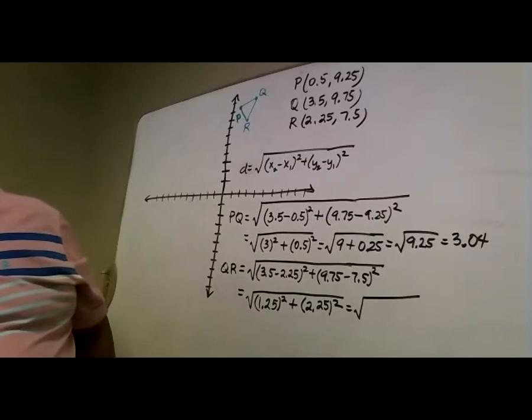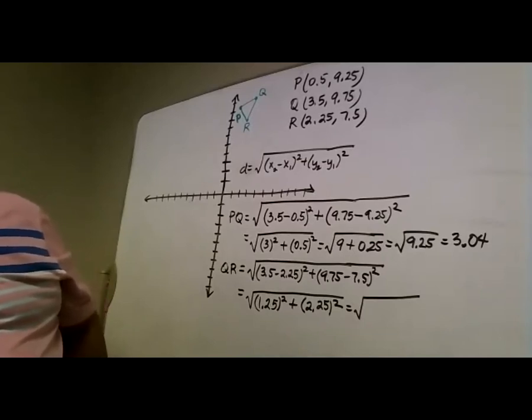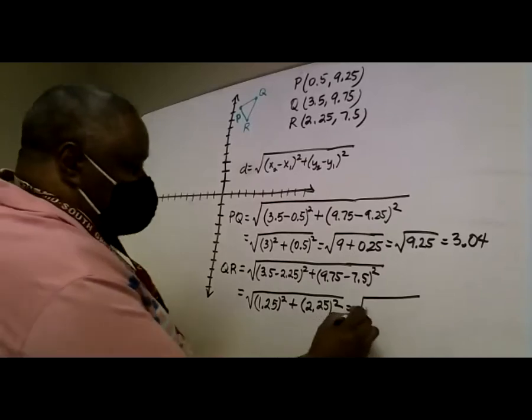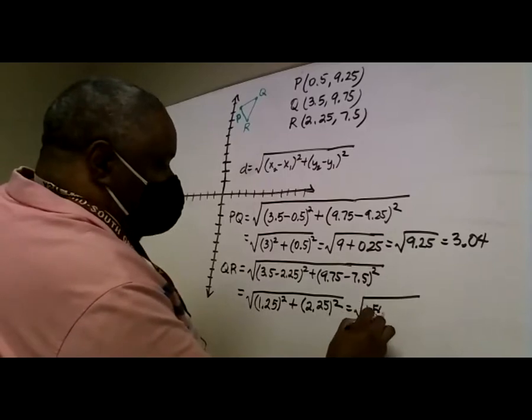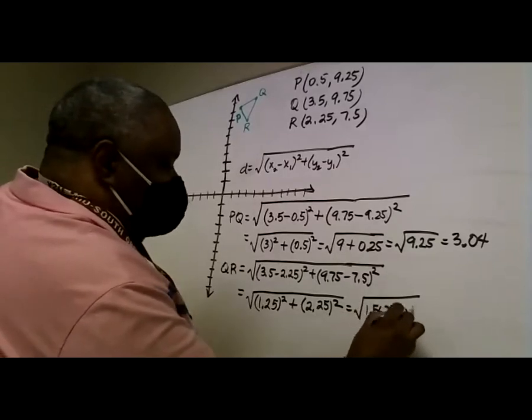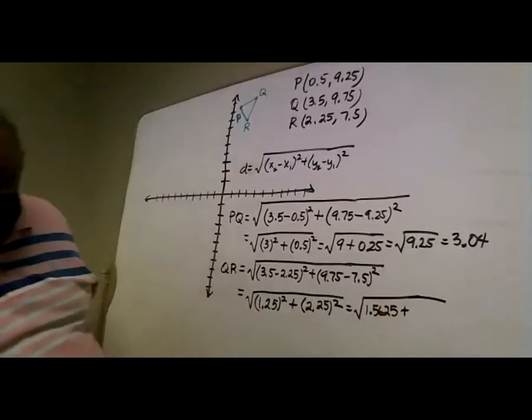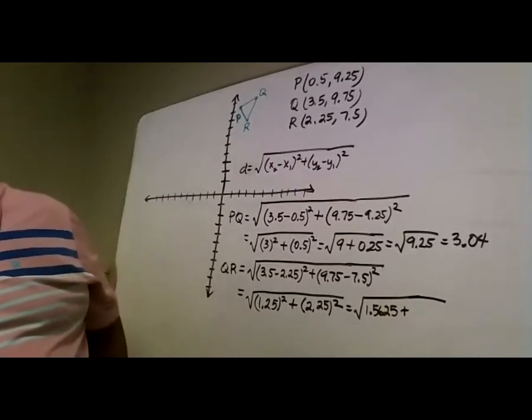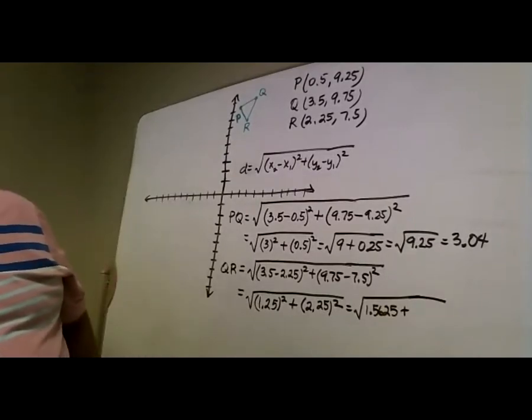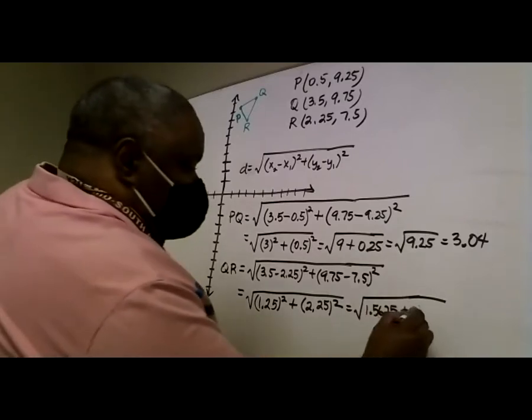Squaring 1.25, that would be 1.5625, plus 2.25 squared, which is 5.0625.